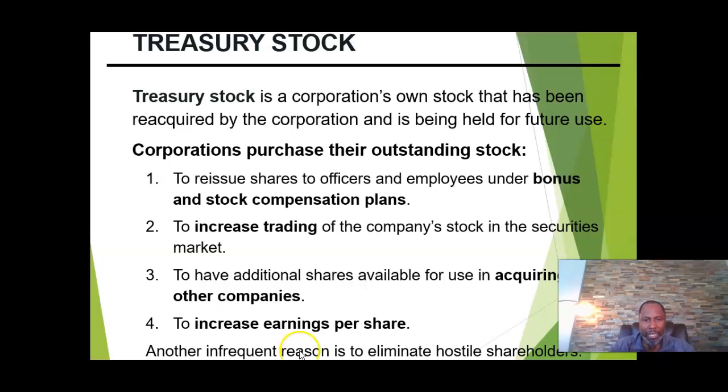And last, to increase earnings per share. When there are fewer shares of stock outstanding, that is going to increase the earnings per share of the corporation, and that actually is a good thing.